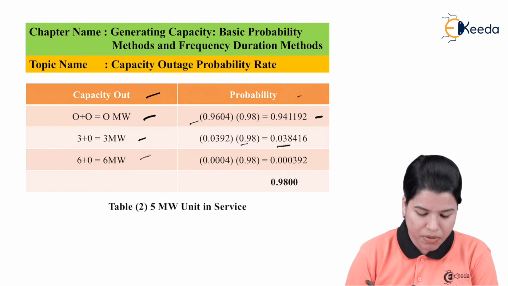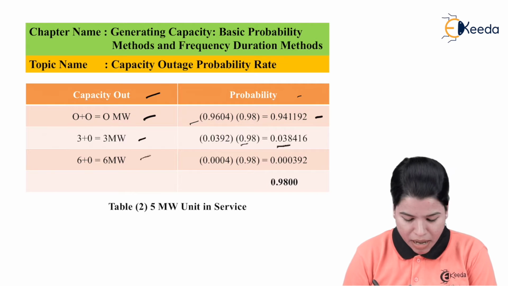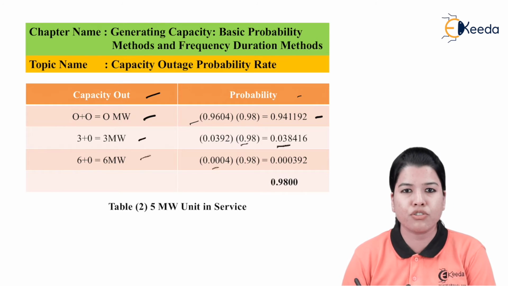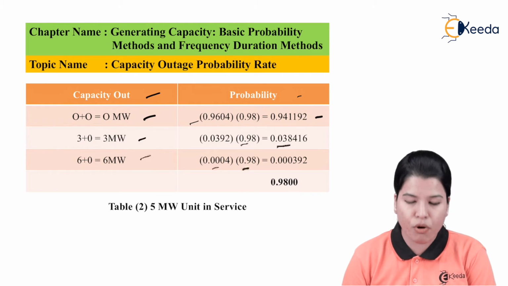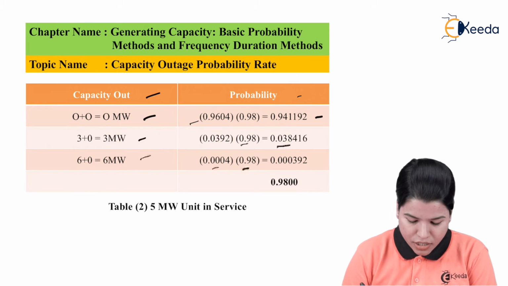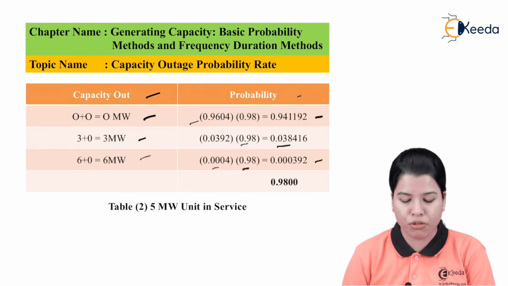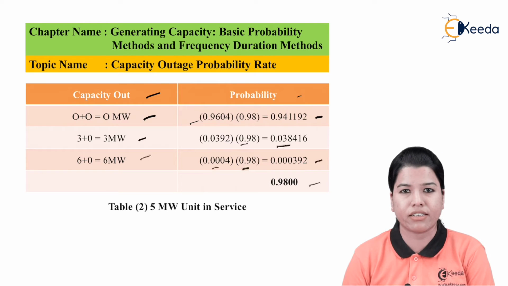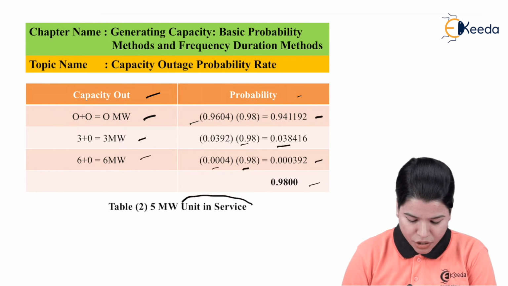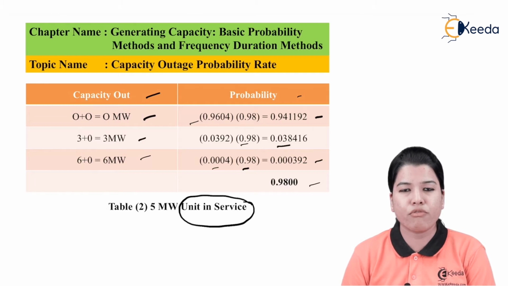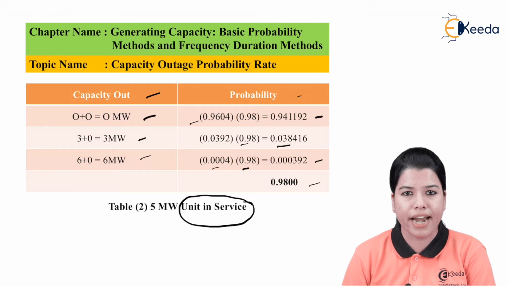For 6 plus 0, that is 6 megawatt, the probability is 0.0004 multiplied by 0.98, which is equal to 0.000392. The addition of all the probabilities is 0.98. This is in the case of the unit in service. We have already seen that for the unit in service the probability should be 0.98, so this condition is satisfied by the table.